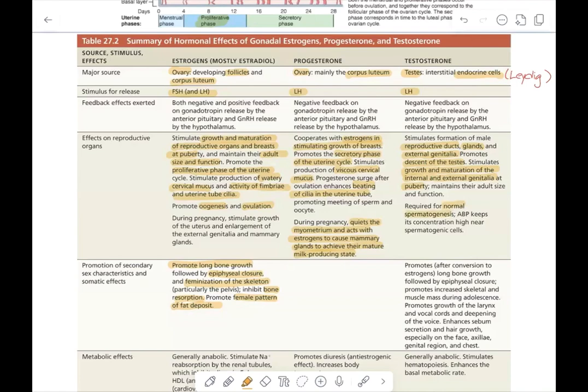FSH is really initially still what triggers spermatogenesis, but testosterone plays a role as well.